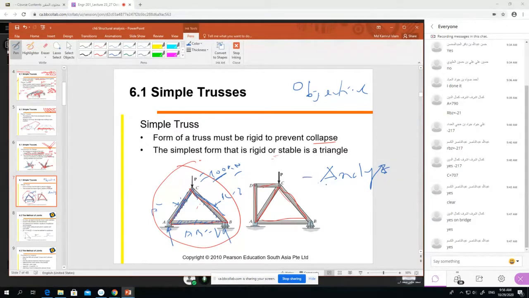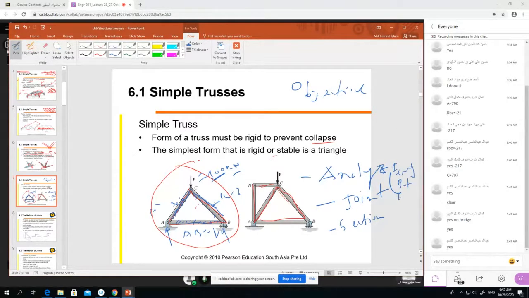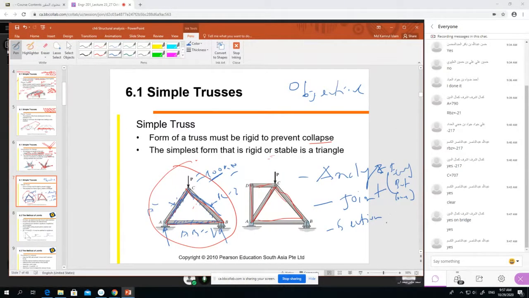Now, for analyzing, there are 2 methods. One is the joint method. Another is the section method. The joint method is easy, but long. You need a long time, more work. The section method needs more experience, but it will take you less time.